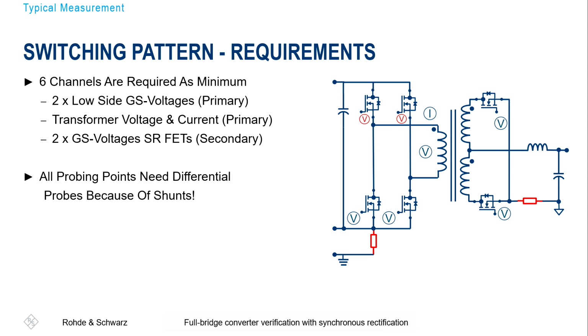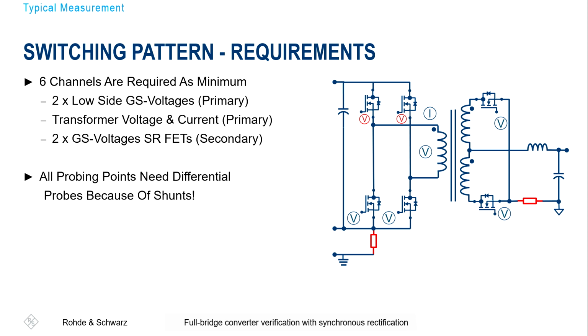And another requirement, I would say, is that we need differential probes for all probing points. So we must not connect passive probes with ground leads because of these shunts here. These red components here are the current shunts, measuring the current on the secondary and also on the primary.